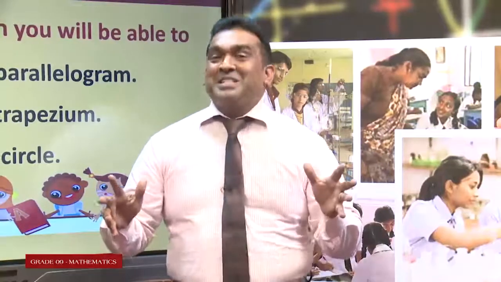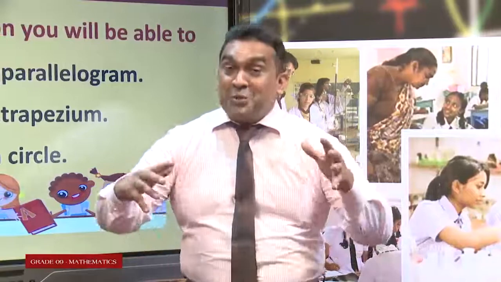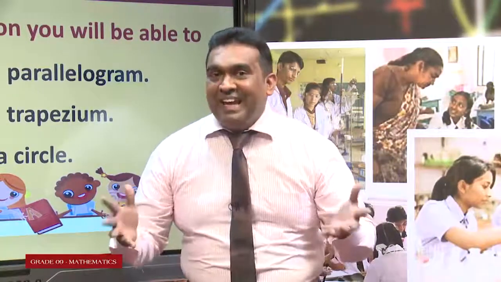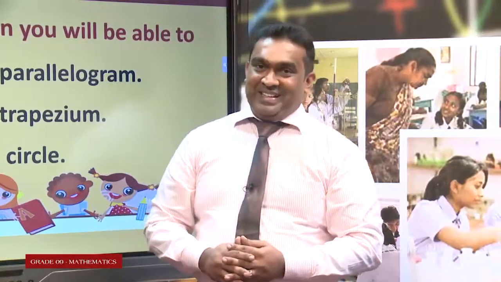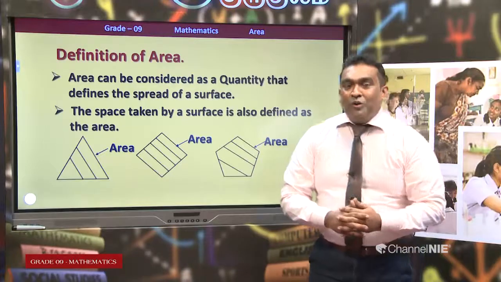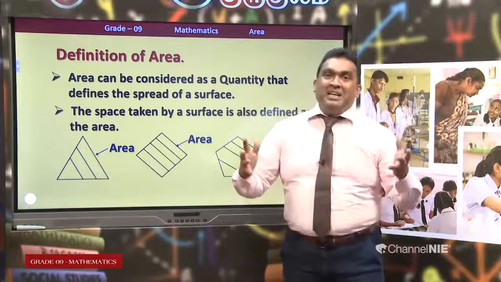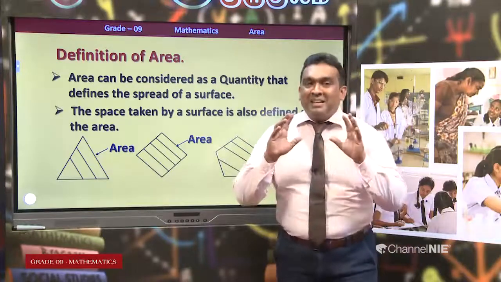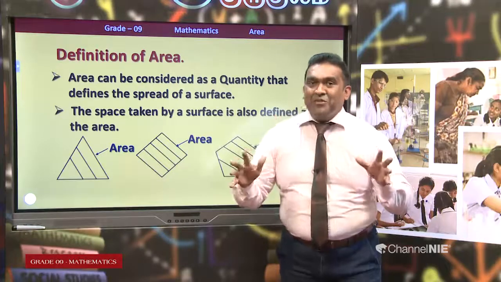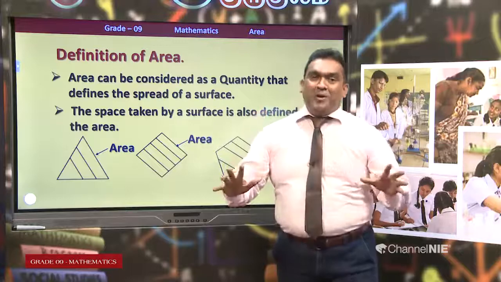Today we are going to discuss the space taken by plane figures. It means area. Now, we want to find out the mathematical meaning of the area. My students, listen carefully. This is very important.